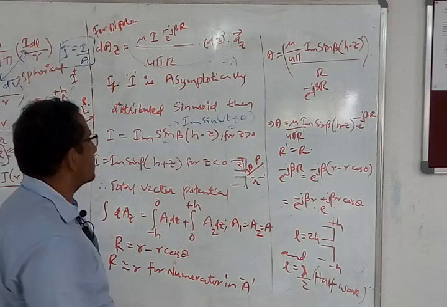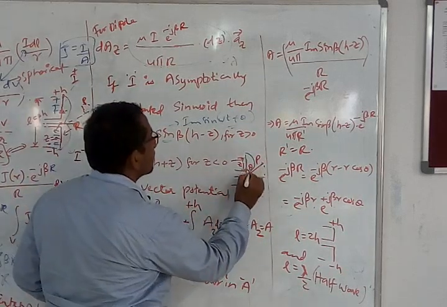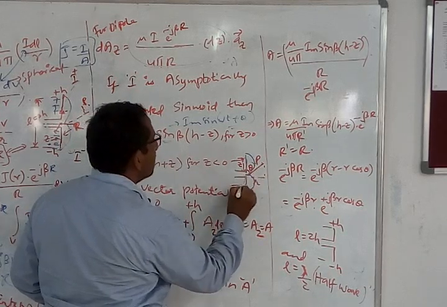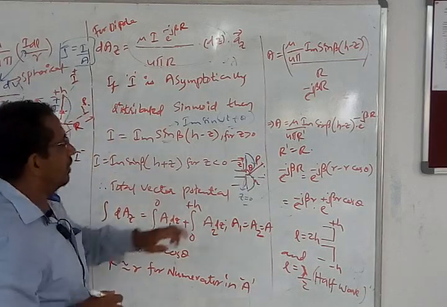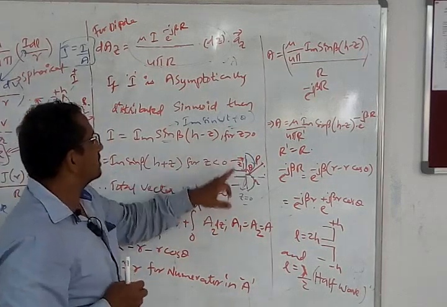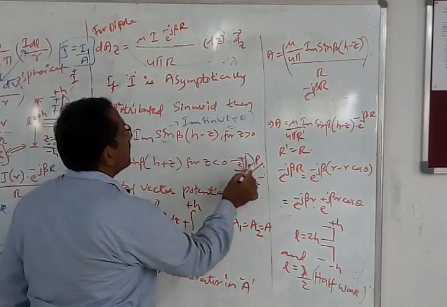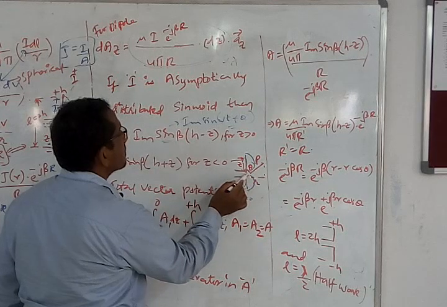That means if the propagation is something like this, say this point we have taken z is equal to 0. Okay, so if this is for z greater than 0, that means this particular wave, as we are coming towards 0, it is not just below 0.